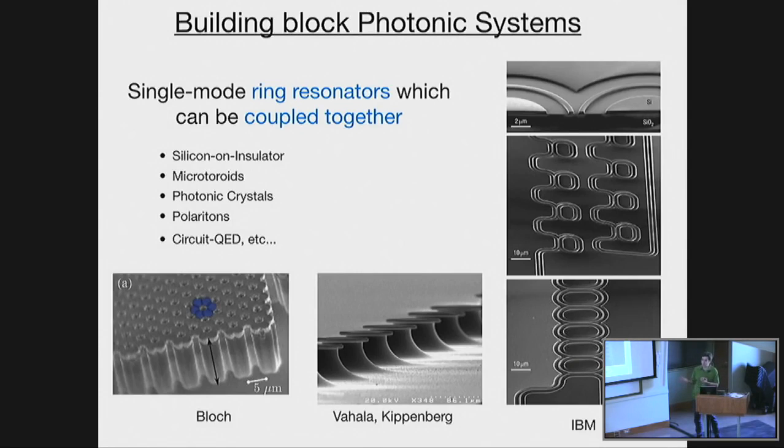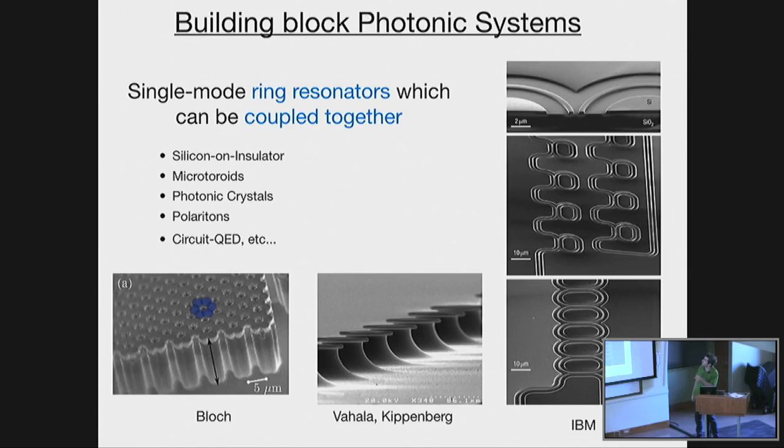So the first part was synthesizing gauge field in photonic systems. The building block of photonic systems are basically resonators and sites. So here you can think of ring resonators on silicon dioxide, silicon rings on silicon dioxide. These are actually made of waveguides. So the photonic or the Maxwell's modes are confined in these dielectrics.